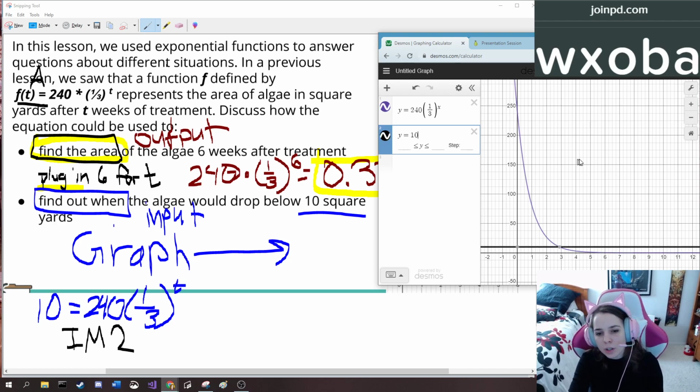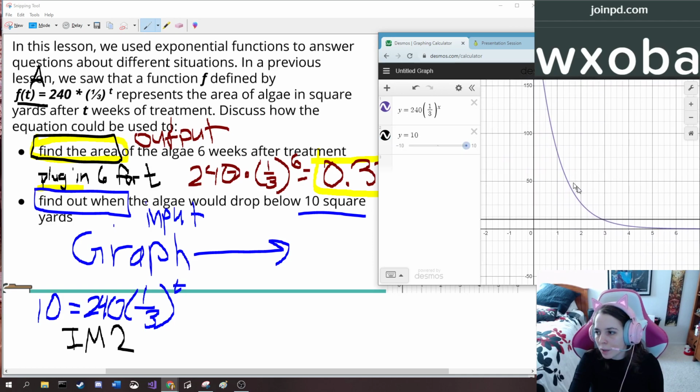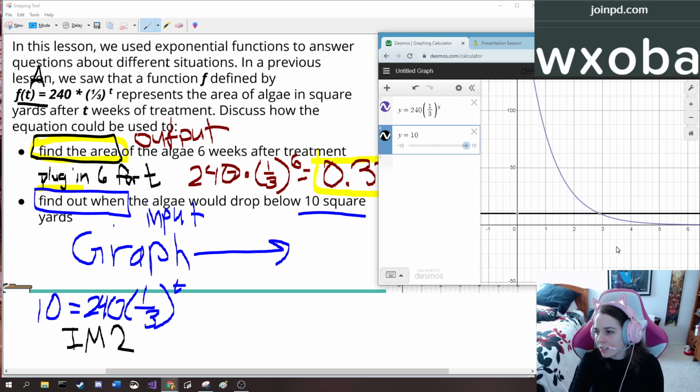Here I graphed my exponential, which is the purple curve, and I want to know what x is when y equals 10. Now I just have to click the intersection point.